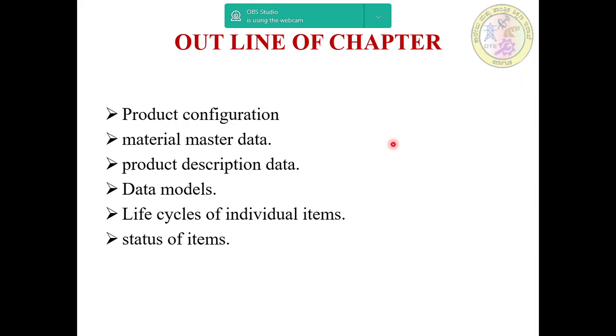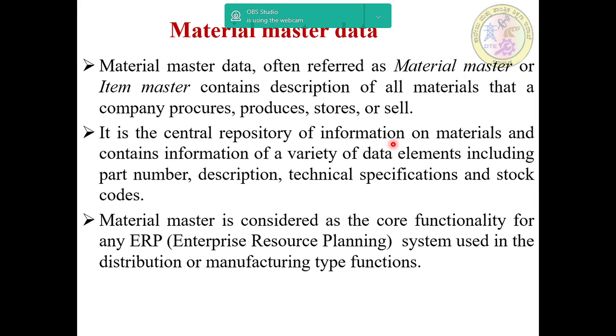We'll go with the material master data. Material master data, often referred to as material master, or also called item master, contains description of all materials that a company procures, produces, stores, or sells.